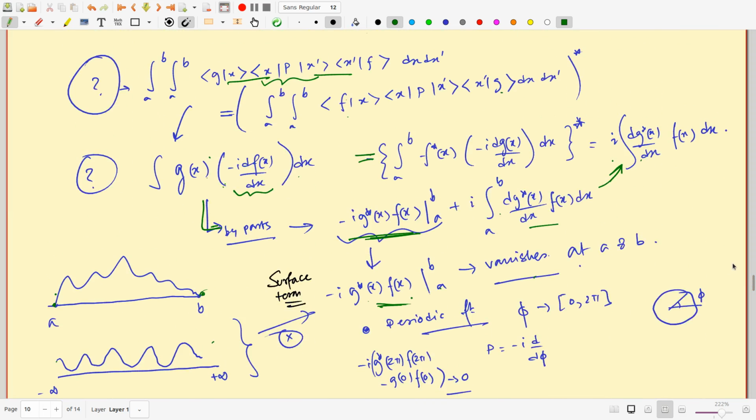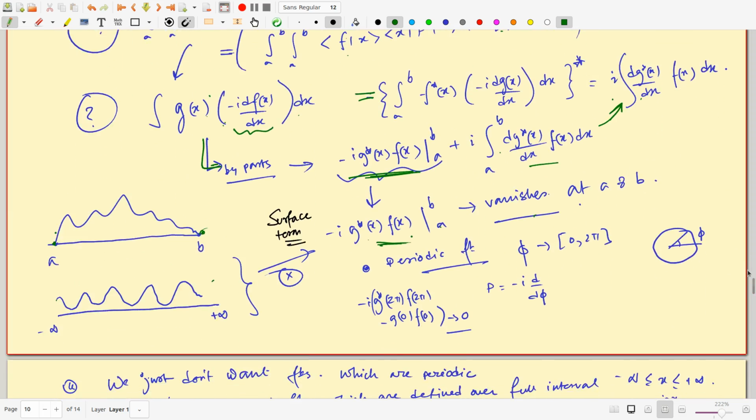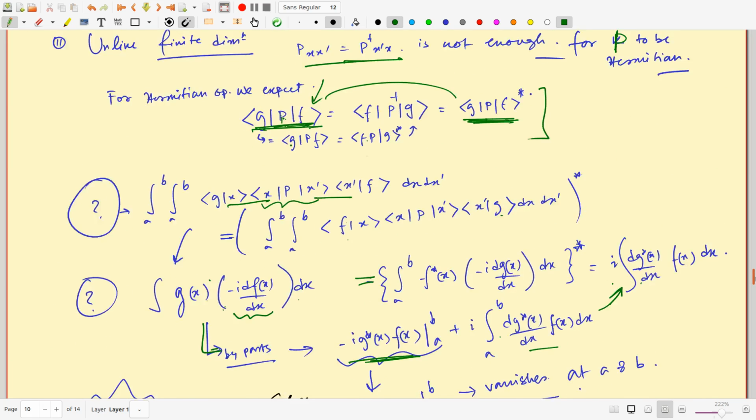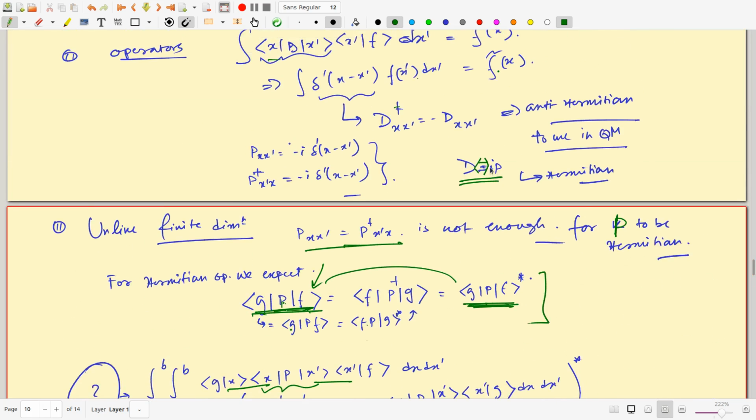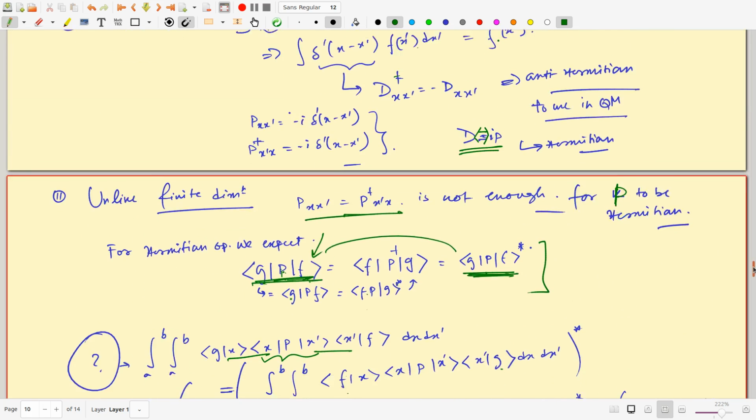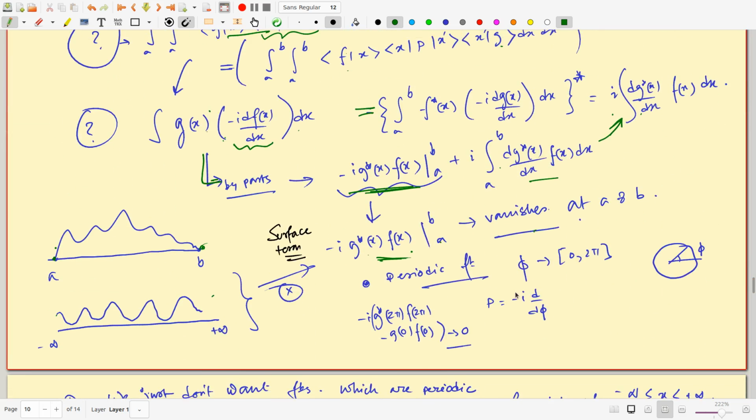So what is a way out? What is a case where this is not a problem? One case where it is not a problem is if you consider a periodic function. A periodic function means x is some periodic object which goes from 0 to 2 pi, and p is basically minus i d d phi. By convention I am taking p to be minus i d, so that's why I am putting a minus here.